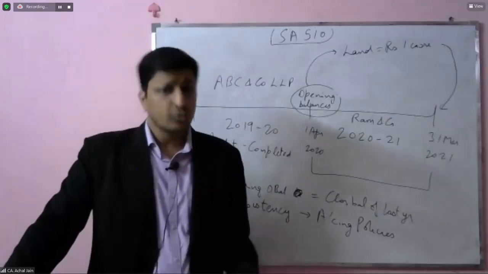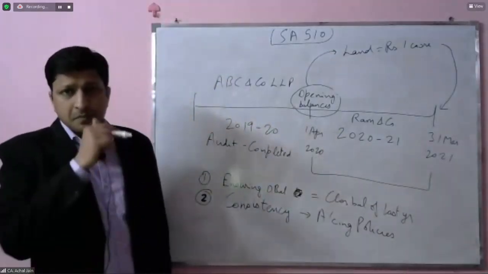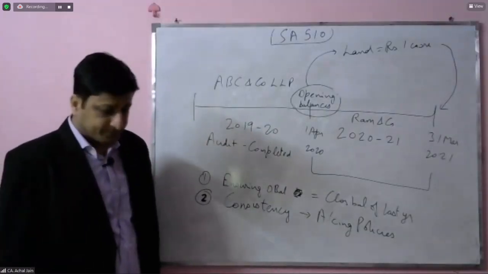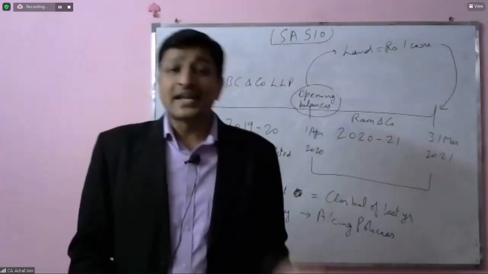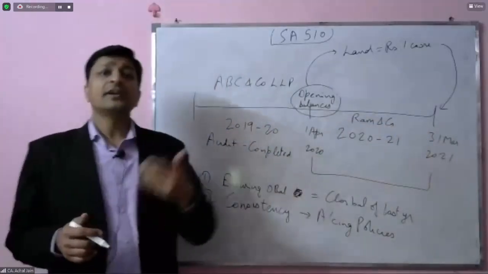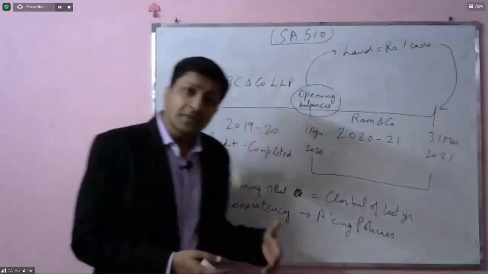So he would have just rolled forward those audit procedures or the working papers for his records. But now, for the new auditor, it's something which is not known to him, except what he sees in the financial statements. He has not really looked at any of the working papers of the previous auditor.